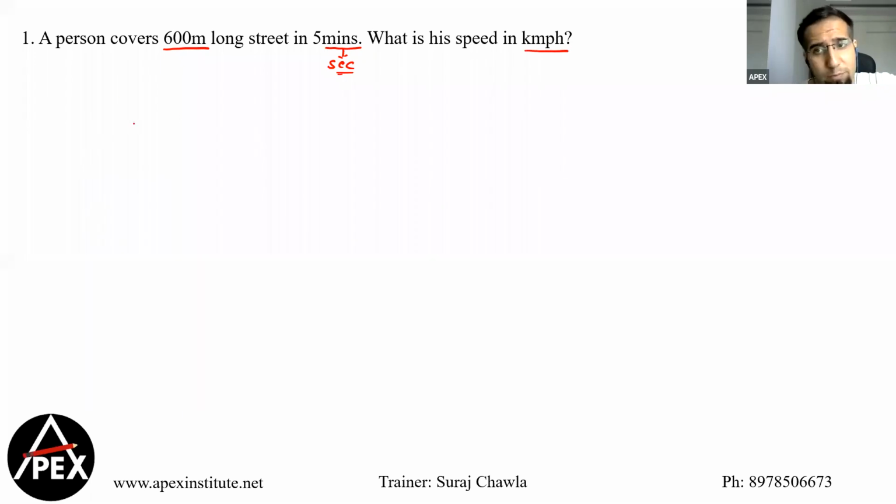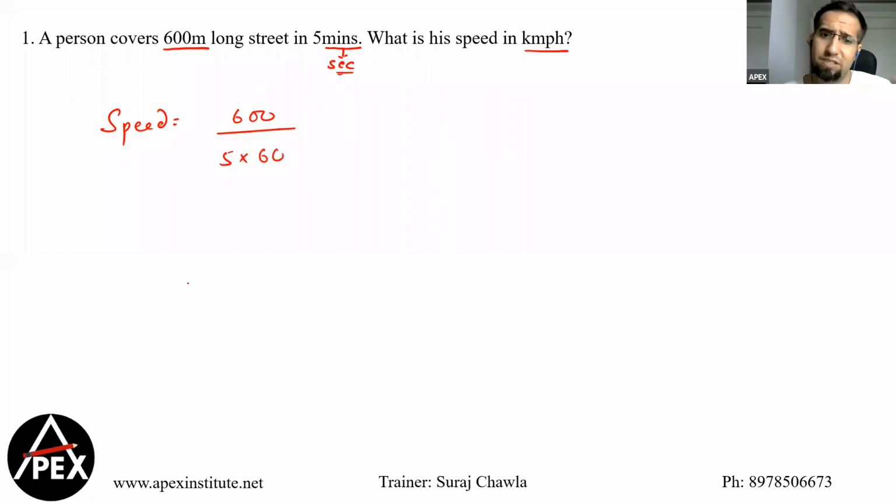So I know that the formula of speed is distance by time. Okay, so if I'm talking about distance by time, the speed would be 600 meters and the time should be in the form of seconds. So 5 minutes in the form of seconds will be 5 into 60 seconds. Now this would give me speed in what, guys? In meters per second. But the question is asking for speed in kilometers per hour.